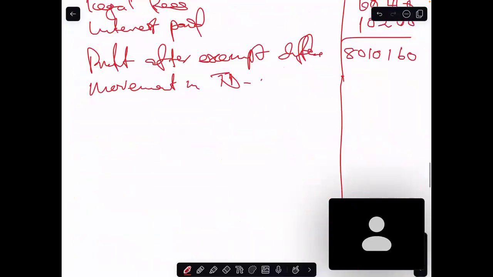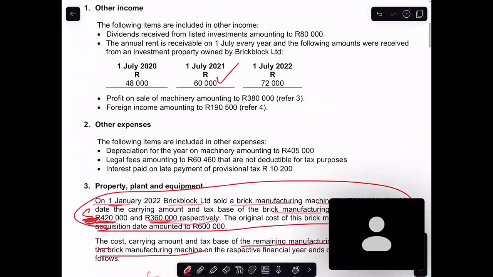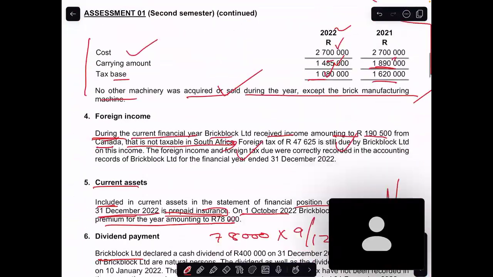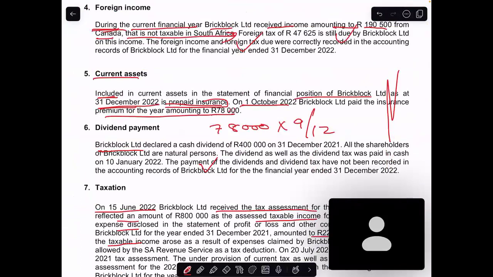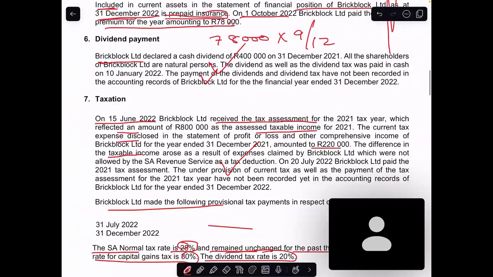Right, continue. We're on this one. Here we said dividends, not deferred tax. Taxation: on this information, you have to look for a situation whereby you have an assessed loss.